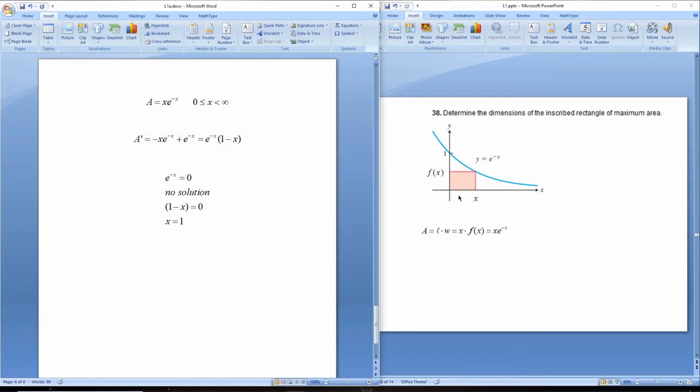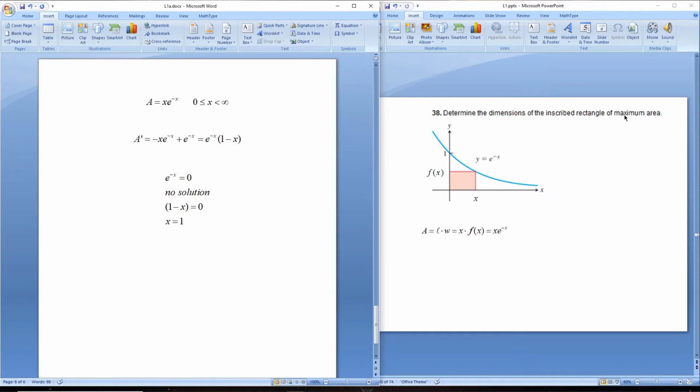Now, as x goes to 0, well, the box will be going to 0 area. So that's a minimum, or at least a small value. We want the maximum value. So 0 is surely not it. And if x goes to infinity, that means the height of the box is going to 0. And so again, as x goes to infinity, we're going to be having a smaller and smaller area.